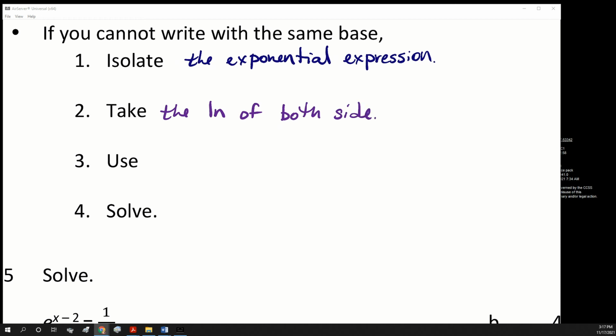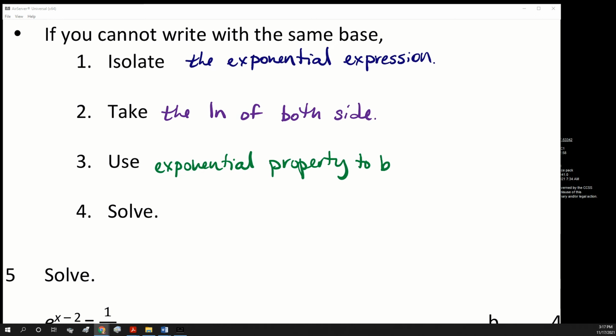And the whole purpose of doing that is so now we can use that exponential property to bring the exponent down. And once the exponent is down, then we can solve for it just using algebra.